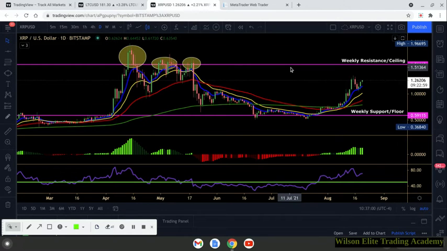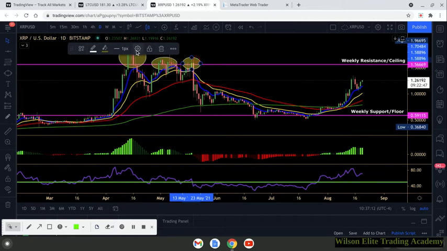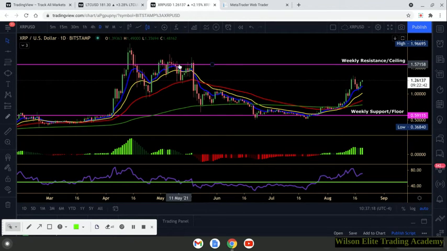Because if you think about it, if you're on the floor and you try to jump to the ceiling and you can't break through, what's going to happen? You're going to fall back to the floor. And that's what price did. So all I will do now is adjust my horizontal line to make sure it's in between as many touches as it can be.